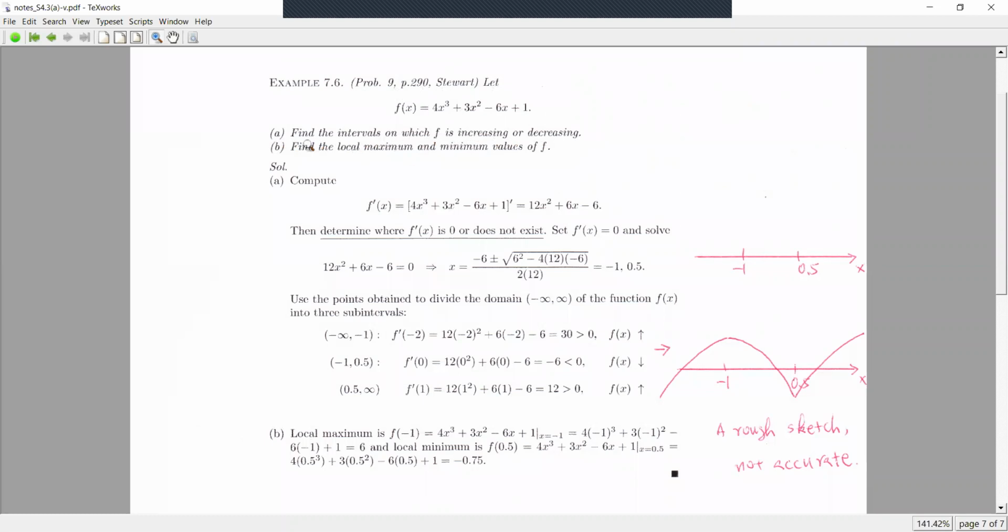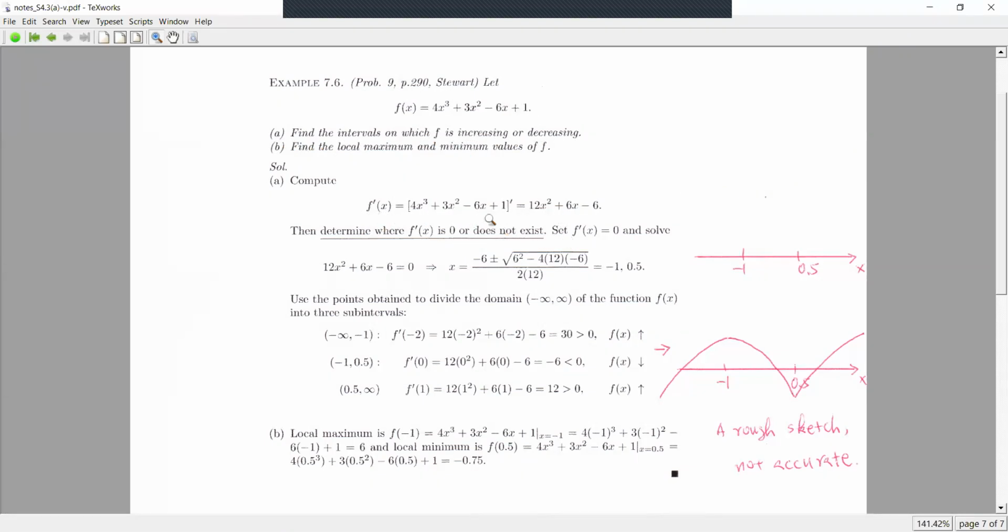So to answer this question, compute the derivative first. To find intervals, I suggest determining the points where the derivative is 0 or doesn't exist first, because I want to use these points to cut the domain of the function into subintervals, into intervals.